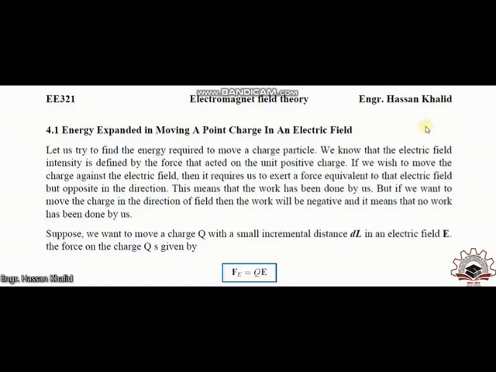Energy expended in moving a point charge in an electric field. Now let us try to find the energy required to move a charged particle. We know that when a body applies a force, and the object experiencing that force covers some distance, we can calculate the work done.